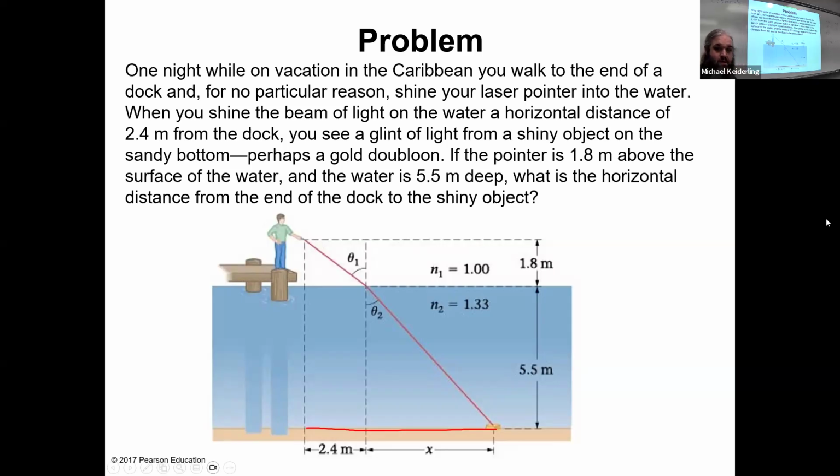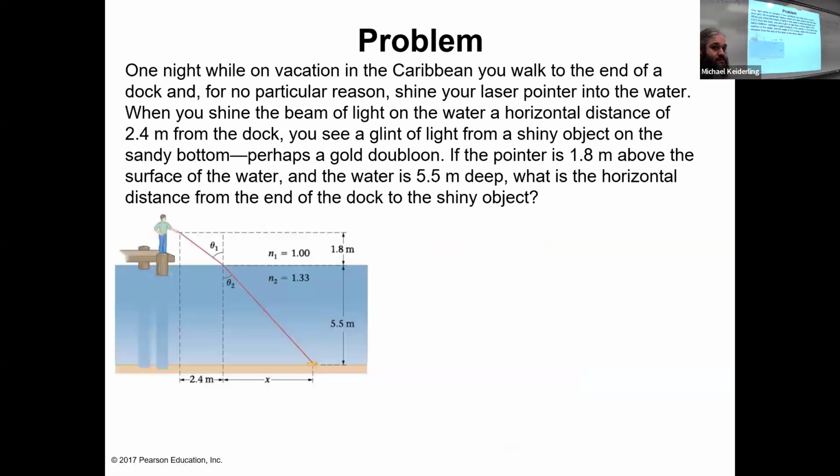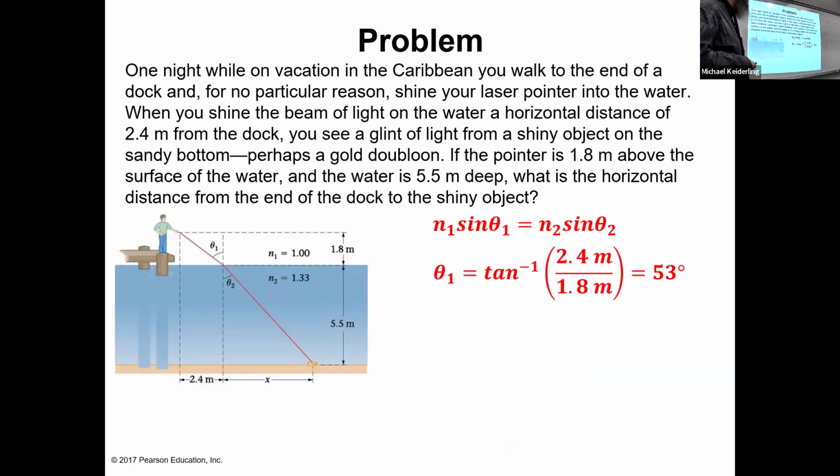So this is a bit of geometry, but the basic thing is that n1 sine theta 1 equals n2 sine theta 2. So we can find theta 1 by taking the inverse tangent of 2.4 over 1.8, because tangent is opposite over adjacent.